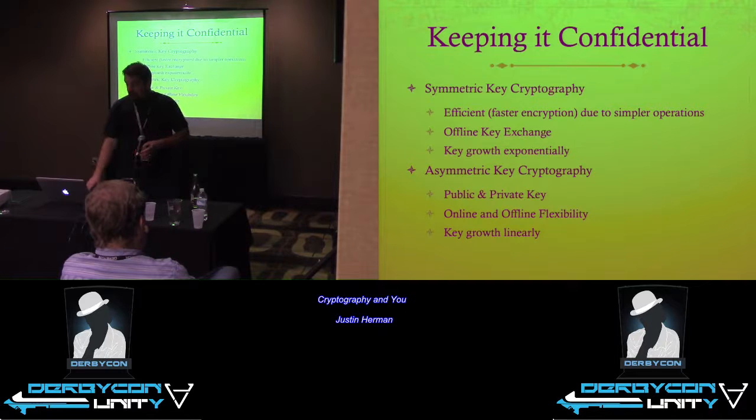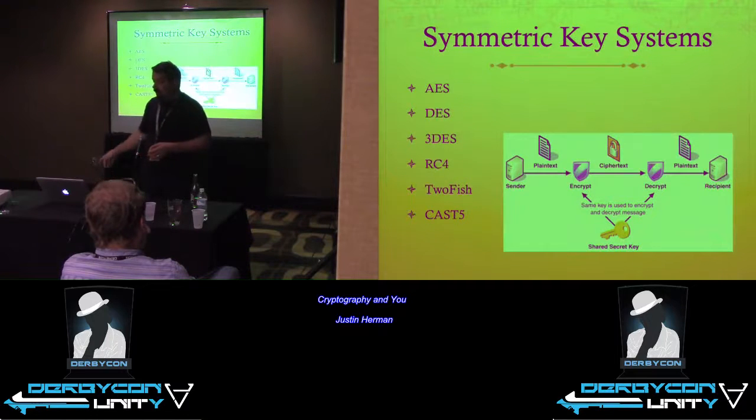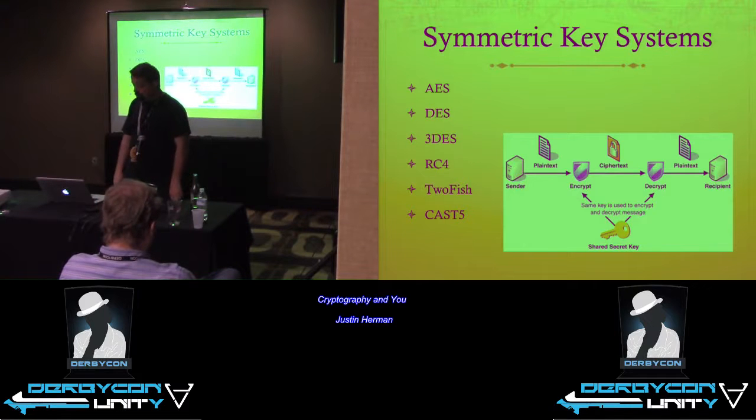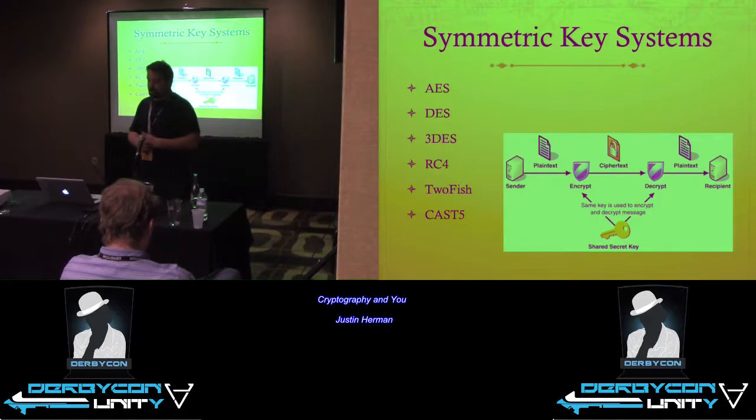We see lots of symmetric key systems like AES and DES, Triple DES, RC, Twofish, CAST5, and you can see exactly how this is broken up, where the message is both encrypted and decrypted using the same shared secret. And it allows you to send that message very quickly. And there are methods of sending it and how it's encrypted, and whether or not it's done with multiple iterations. And it can be very, very quick for symmetric.